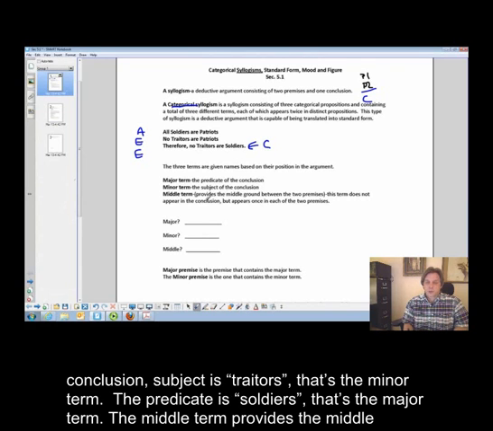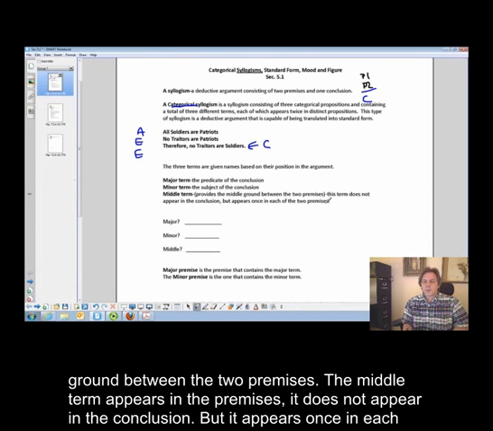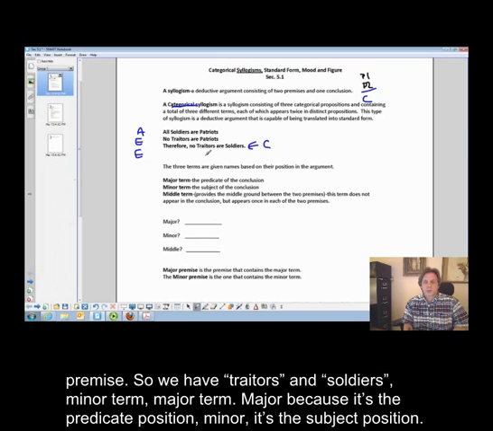That's the major term. The middle term provides the middle ground between the two premises. The middle term appears in the premises. It does not appear in the conclusion, okay? But it appears once in each premise. So we have traitors and soldiers, minor term, major term.